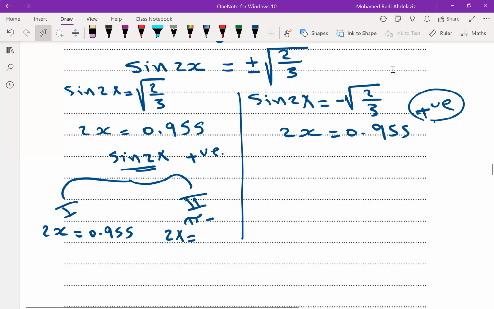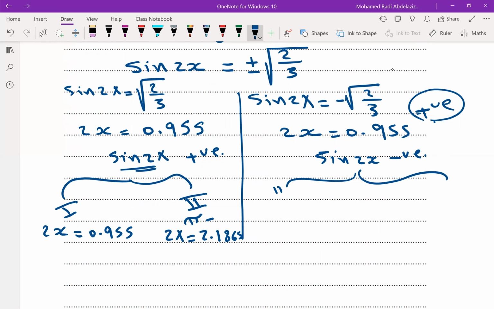You will get 2.1865. And also sine 2x is negative in the third and fourth quadrants. For the third, 180 plus 0.955. For the fourth, 2 pi minus 0.955.